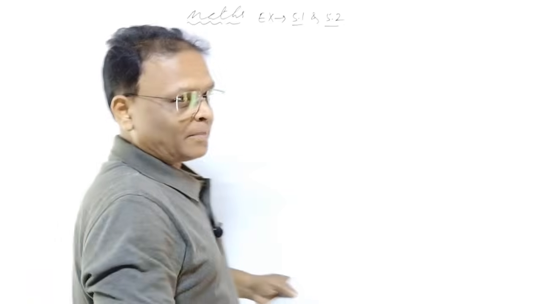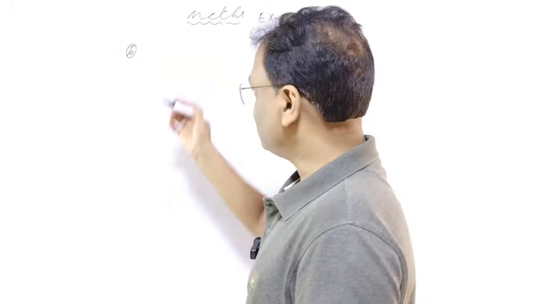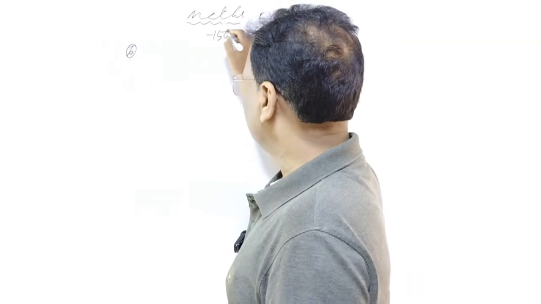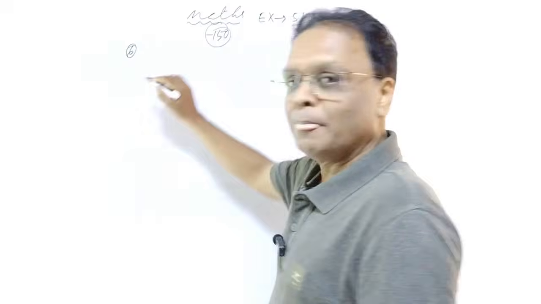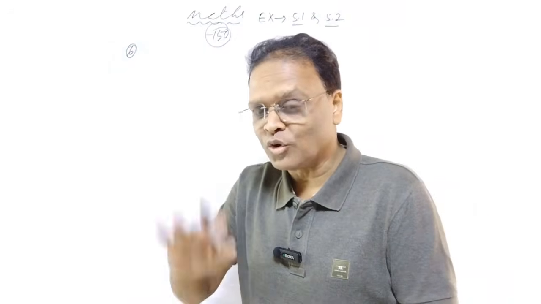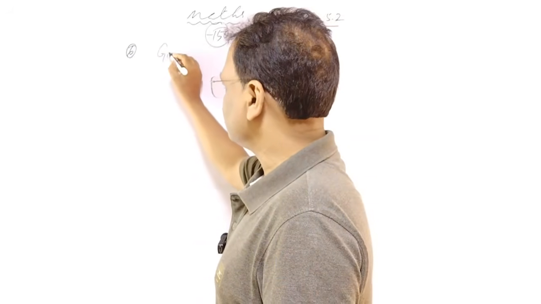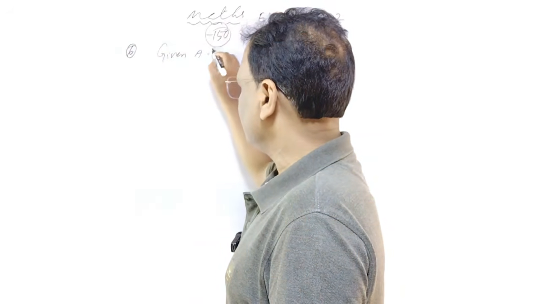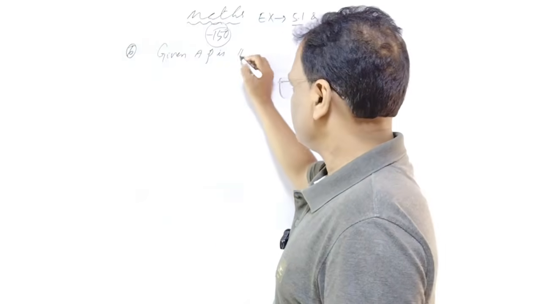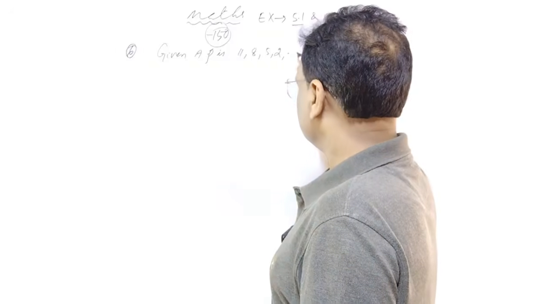Question number 6 is, you have to check whether a number is given. The number given is minus 150. Is minus 150 a term of this series or not? The given AP is 11, 8, 5, 2.